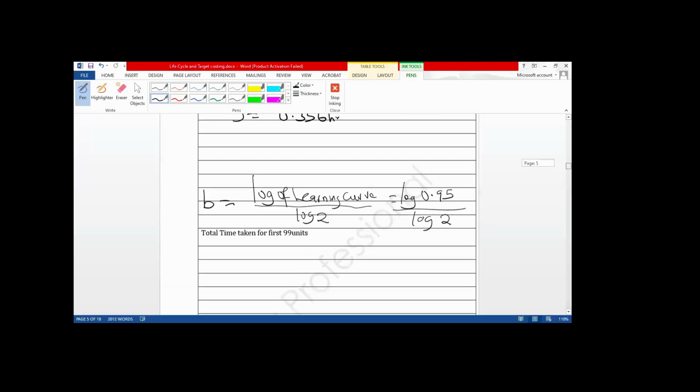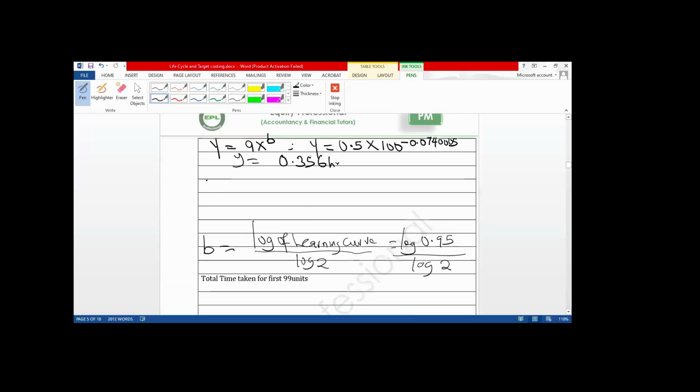Total time for first 100 units is equal to 0.356 multiplied by 100.